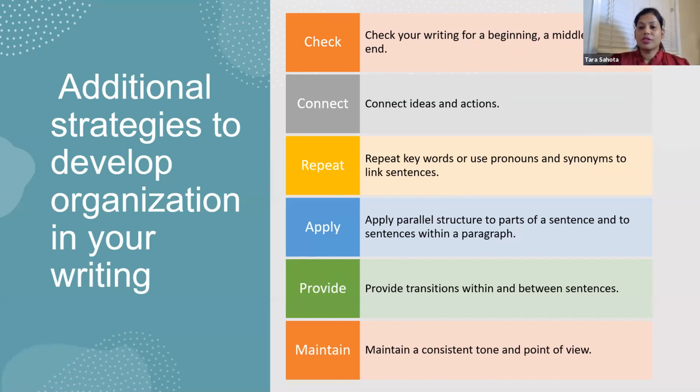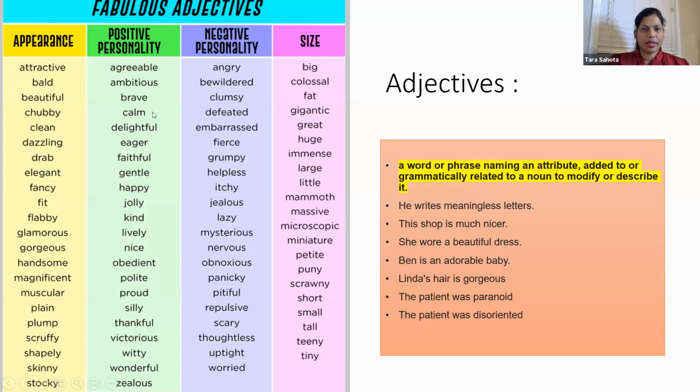Apply parallel structures to parts of a sentence and to sentences within a paragraph. Provide transitions within and between sentences. Maintain a consistent tone and point of view. So this is very important, that we must follow all these points to organize our writing.